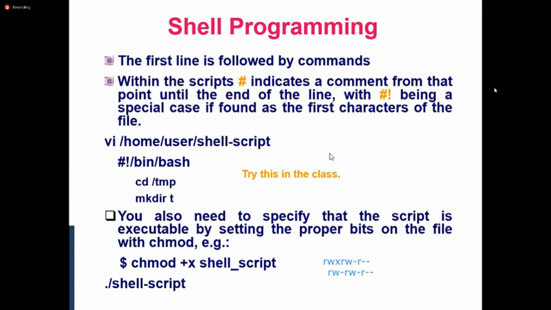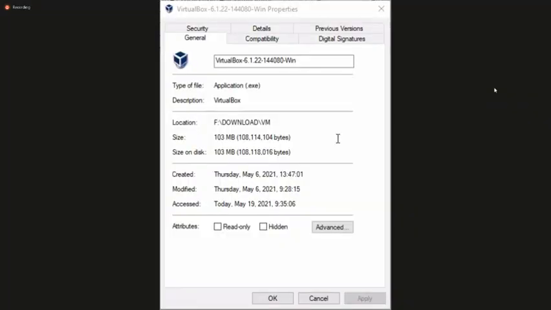In Windows also there is a separate permission for that. Let me show you. Let me find, okay, any file is okay. I right clicked, and this is the properties of an exe file. This is the VirtualBox setup.